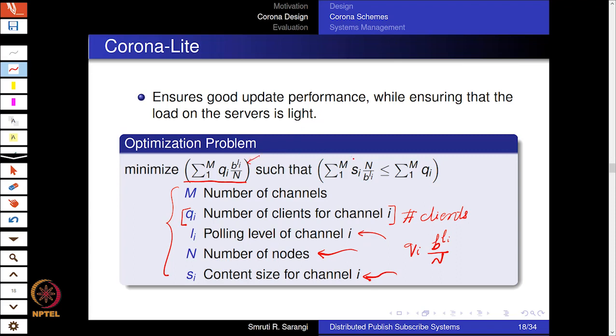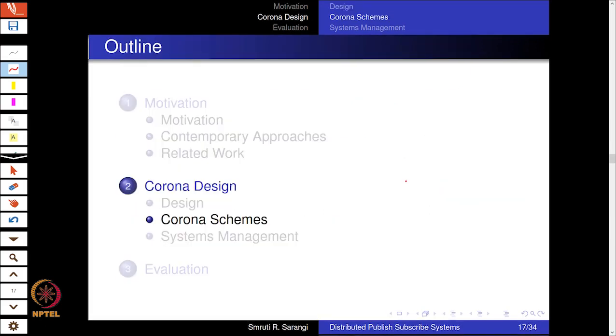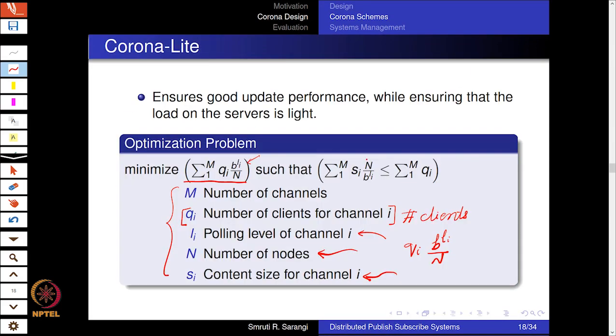What is the constraint? N by b to the power Li, which is the same as this quantity over here, is essentially the expected size of the wedge.